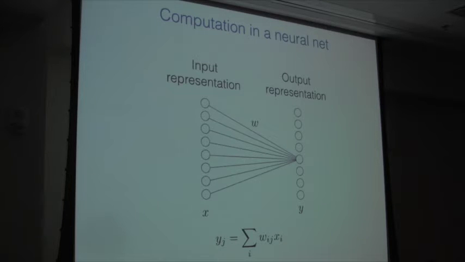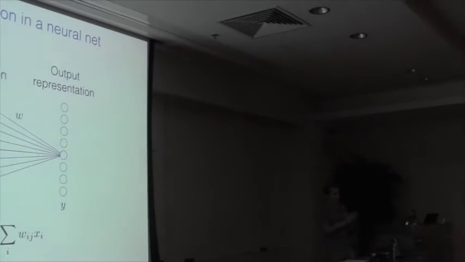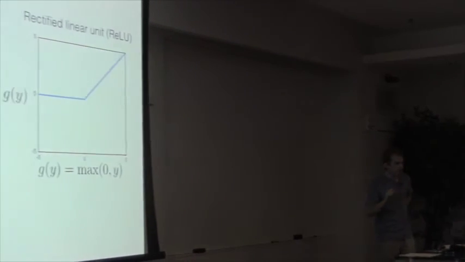OK, so we could just start stacking these up, but that wouldn't be quite enough because this is just a linear operation. If you concatenate multiple linear operations, you still get a linear operation in the end, and you don't get any better abstraction or representational capacity. So in order to actually perform more nonlinear computations, the next ingredient that people add is a pointwise nonlinearity.